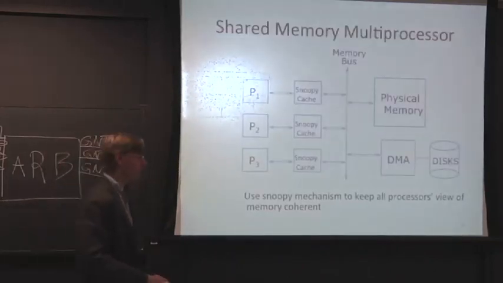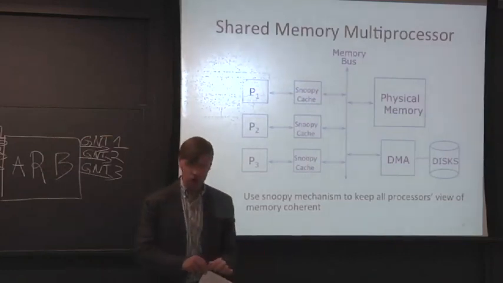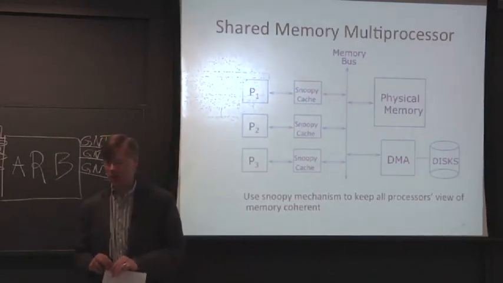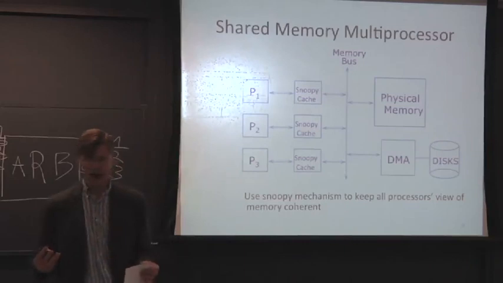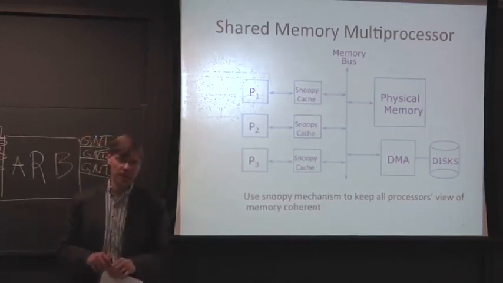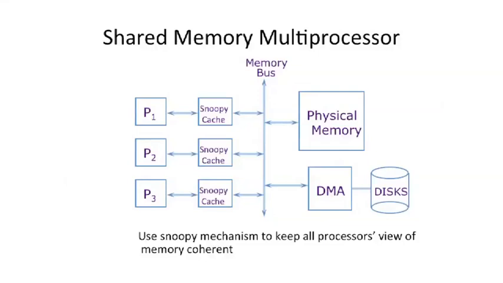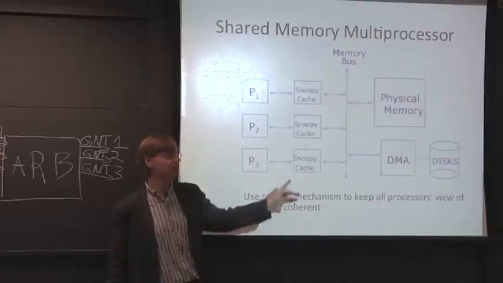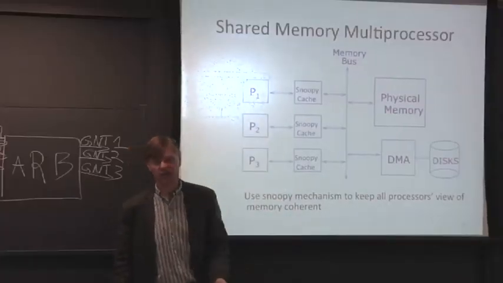OK, so let's take a look at our shared memory multiprocessor now that we are thinking about having snooping caches, or Snoopy caches. So in this picture here, we now have a shared memory bus in the middle. We have three processors on the left. And we have three Snoopy caches.